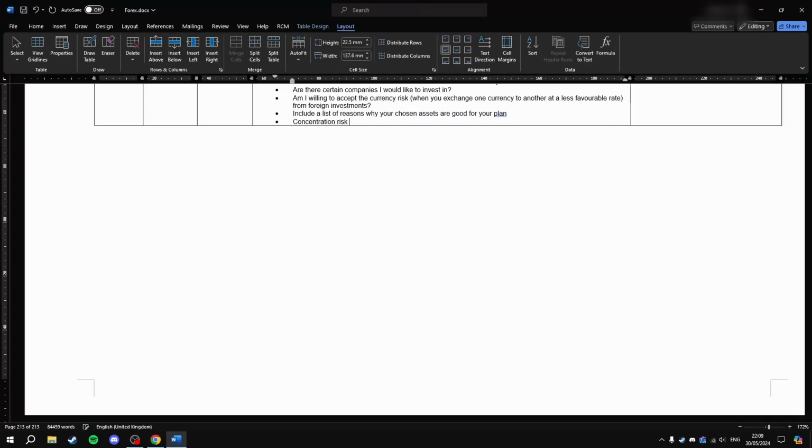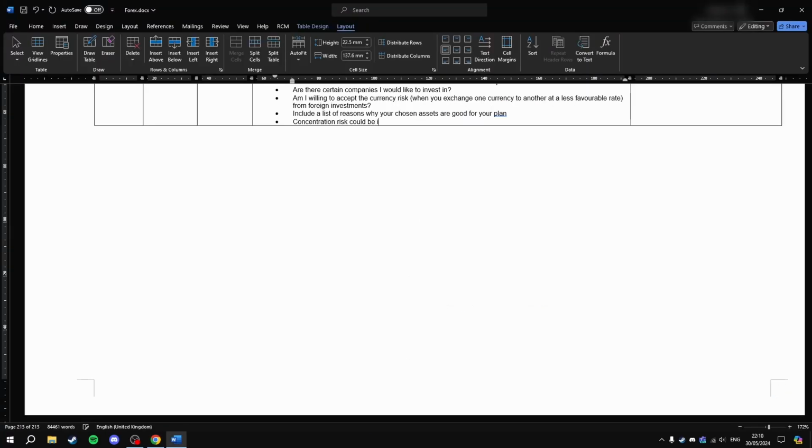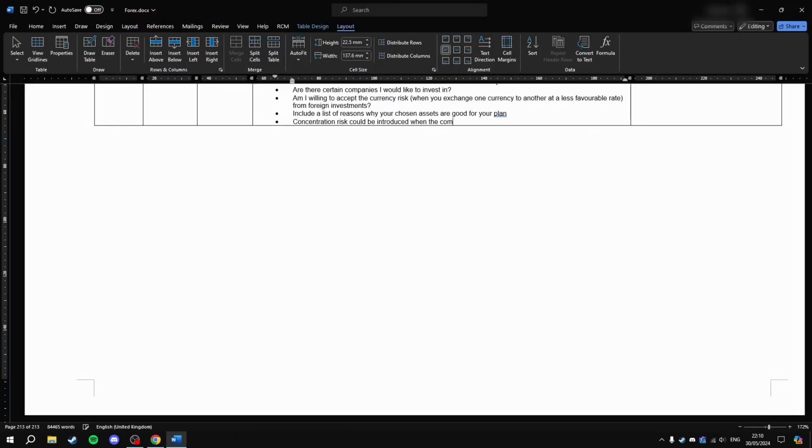Concentration risk could be introduced when the companies are closely related, i.e. from the same sector.